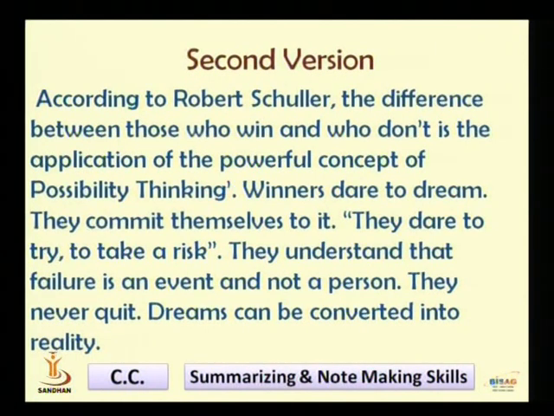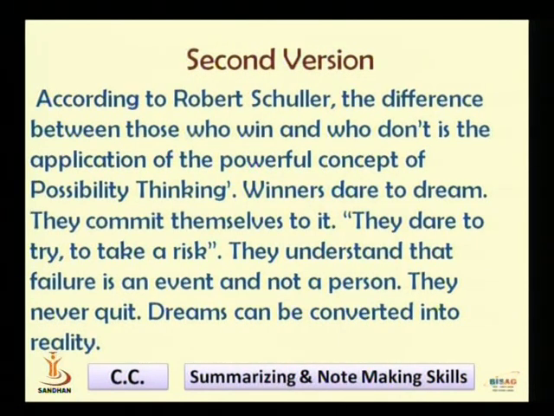According to Robert Schuller, the difference between those who win and those who don't is the application of the powerful concept of possibility thinking. Winners dare to dream. They commit themselves to it. They dare to try, to take a risk.